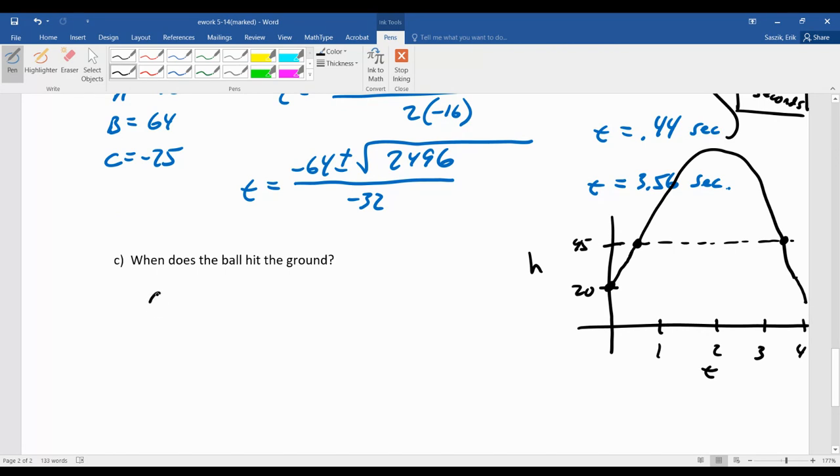So now that's what question C is asking us. Replace h with 0, because that's the ground. Negative 16t squared plus 64t plus 20. Again, I'm just going to go quadratic formula.